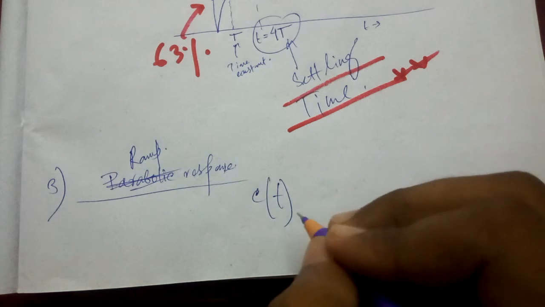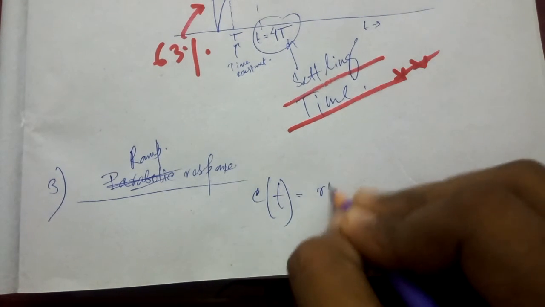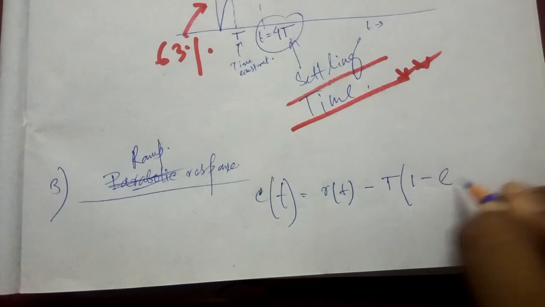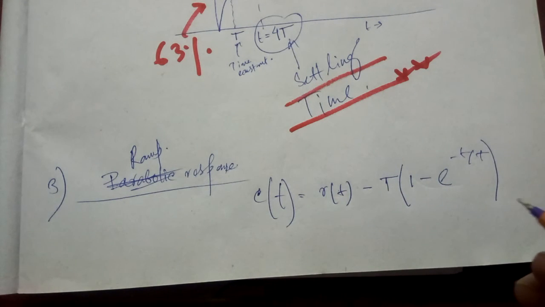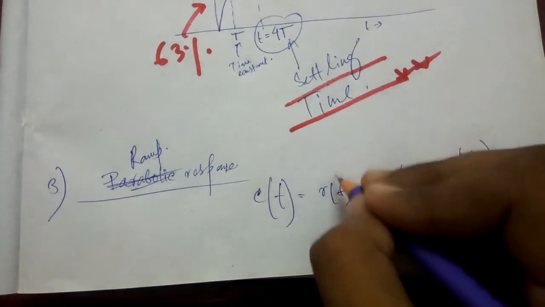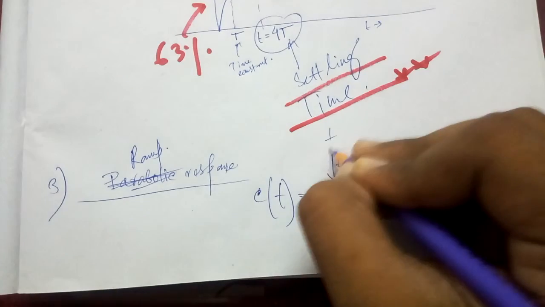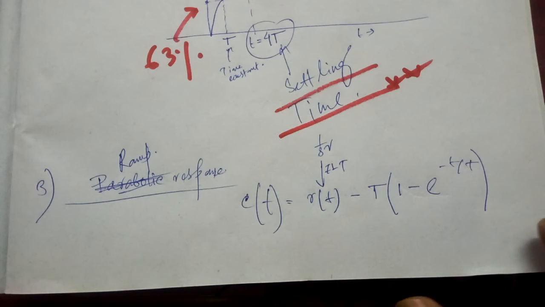The ramp response will become c(t) equal to r(t) minus T into (1 minus e to the power minus t/T). r(t) is the ramp input, the inverse Laplace transform of 1/s squared. Check the answer and you will be confident enough.